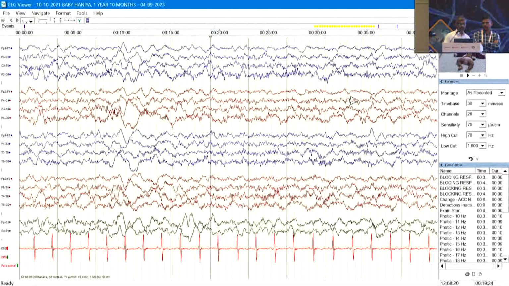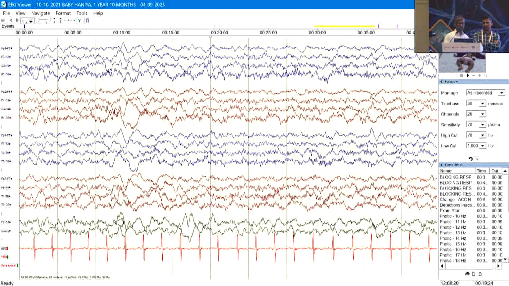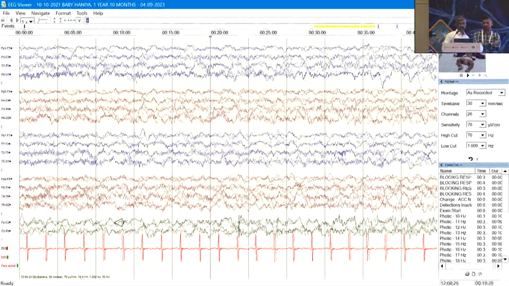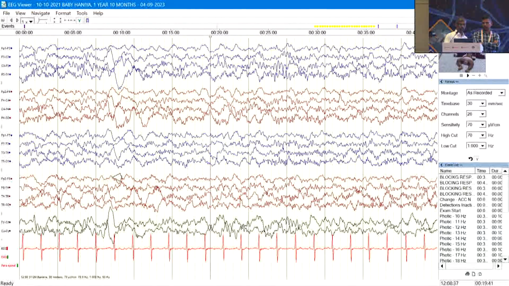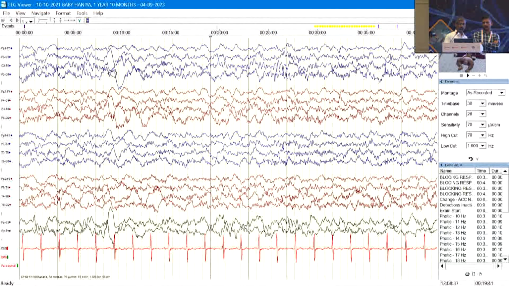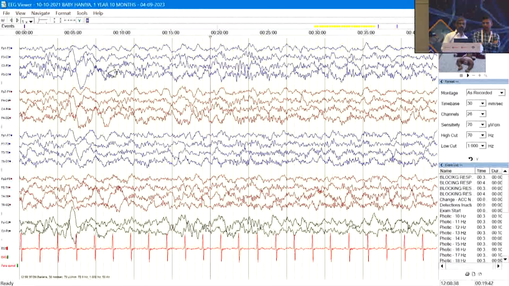And this is a K complex here. This is one K complex. Again, this is a young infant, 2-year-old. So the K complexes are not that well formed, but you can appreciate they are higher amplitude, biphasic, diffuse, almost generalized waveform. So easily this can be mistaken for epileptiform activity.